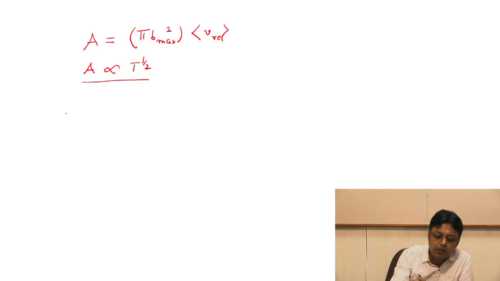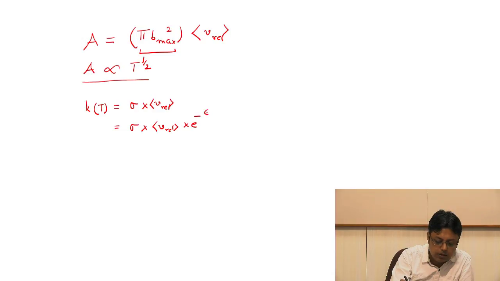Using the three values, you can first get the old collision theory, which is nothing but this sigma, if we call this sigma, times v_relative. And this is the old thing, and this is the modified thing, where we got an expression like v_relative times e to the power minus epsilon star by kBT.